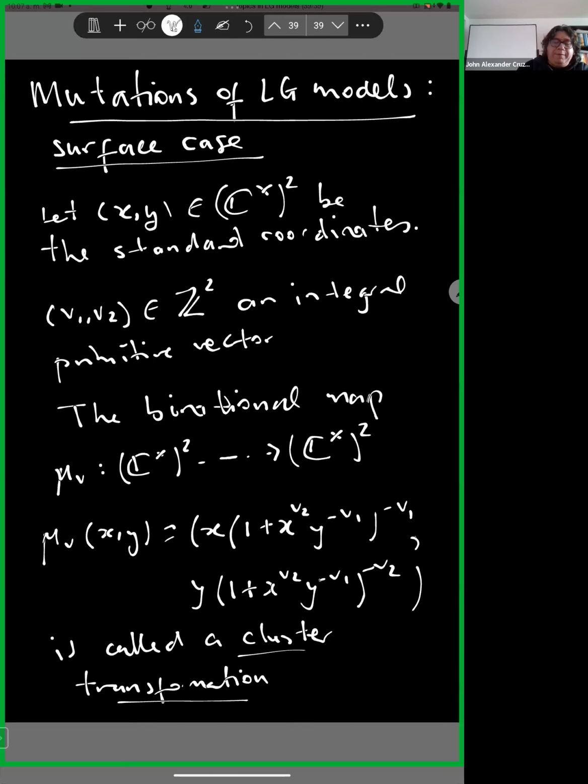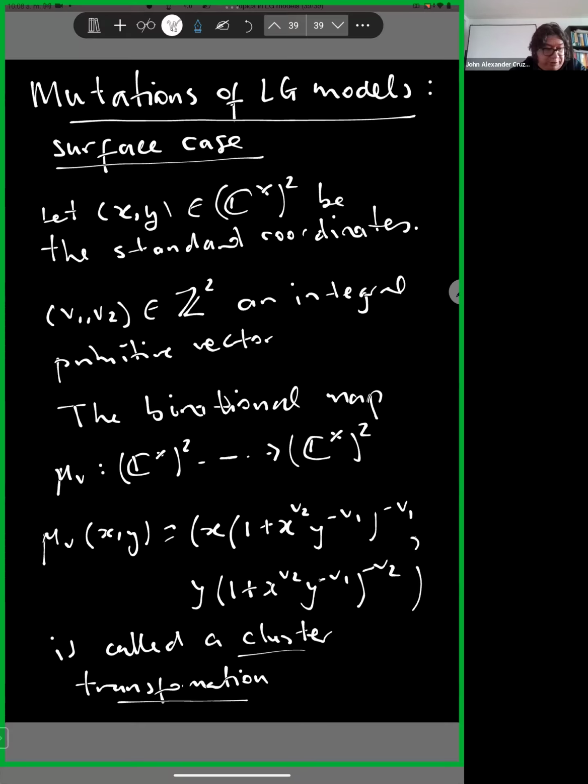The cluster name comes from the fact that this map is quite close to the map appearing in cluster algebra theory. So that's what a cluster transformation is. I will say something about the relation with cluster algebras later.